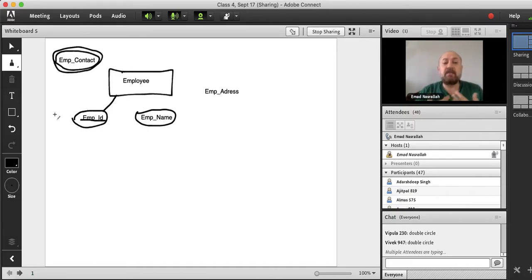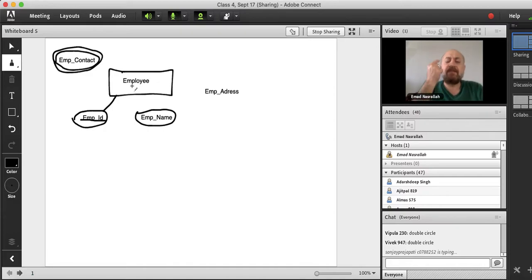Multi-valued means it could have more than one value for the same entity. Like here we are talking about employee. You can think of one employee who has multiple contacts. It doesn't mean every single employee must have multiple.